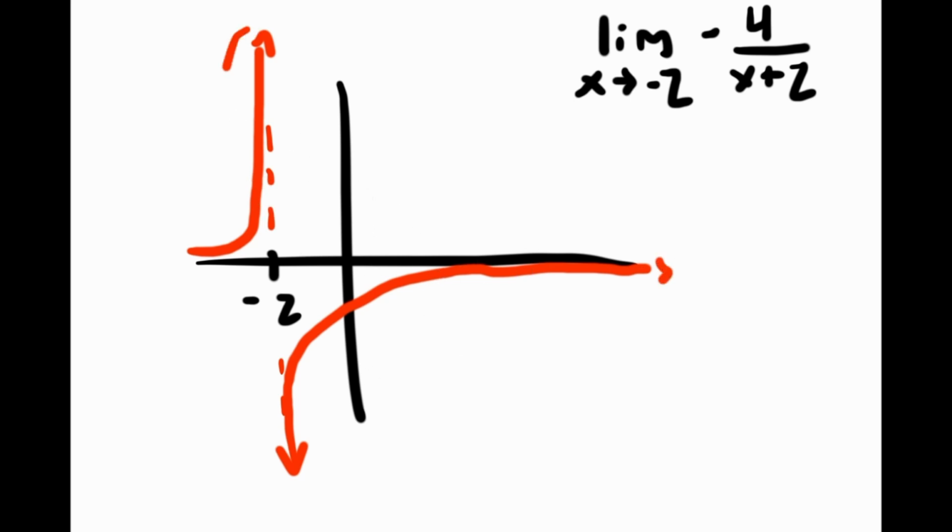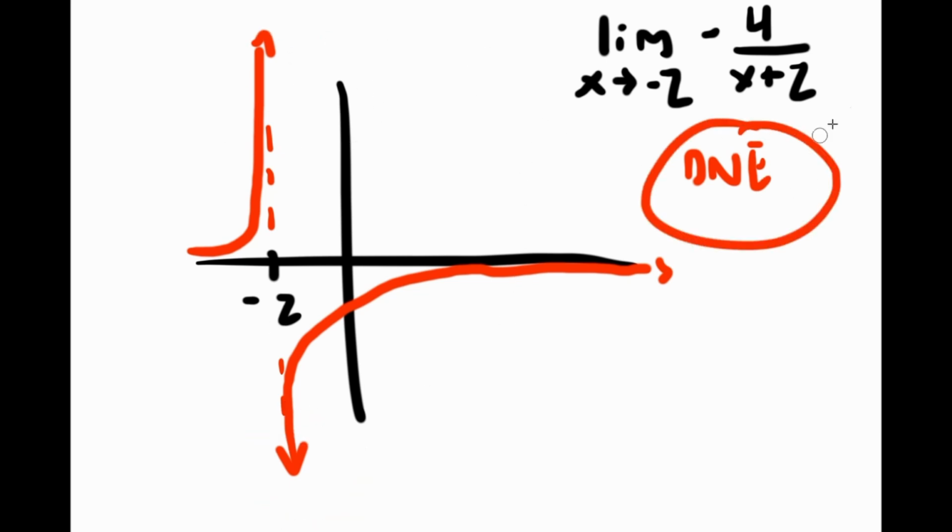So as we can see, a very similar situation happens here, where as x approaches -2, it basically has two values. It has infinity and negative infinity. And due to that, the general limit of -4 over x plus 2 does not exist. Because as we clarified before, the left side of the limit has to equal the right side, or else we have two one-sided limits.